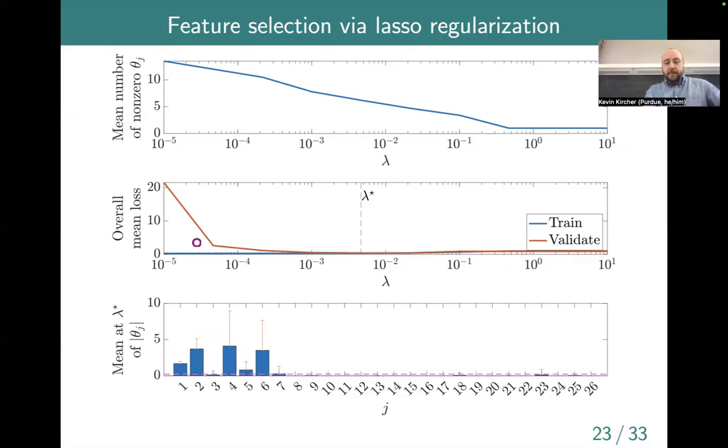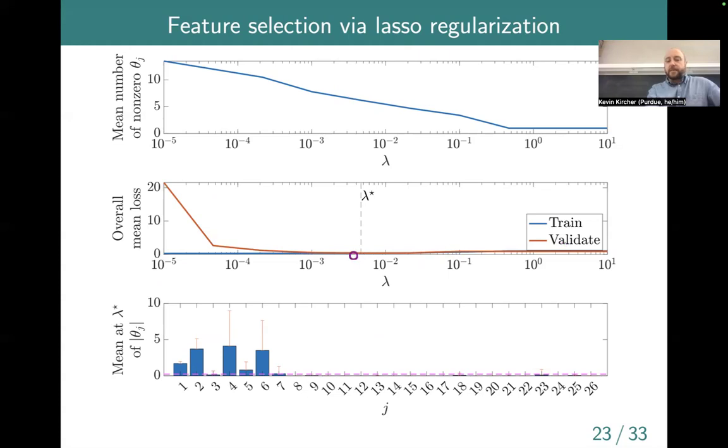And then here I'm plotting the mean loss in the training data and in the validation data. Training is blue, it's low for a while. Validation begins very high with an overfit model. Then even just as we add a little bit of regularization, we knock down the validation error, so we're getting better and better in the fit. It's a little hard to see, but we begin to increase a bit here.